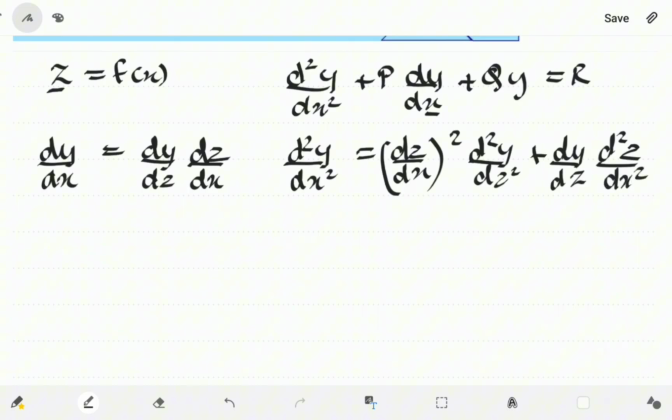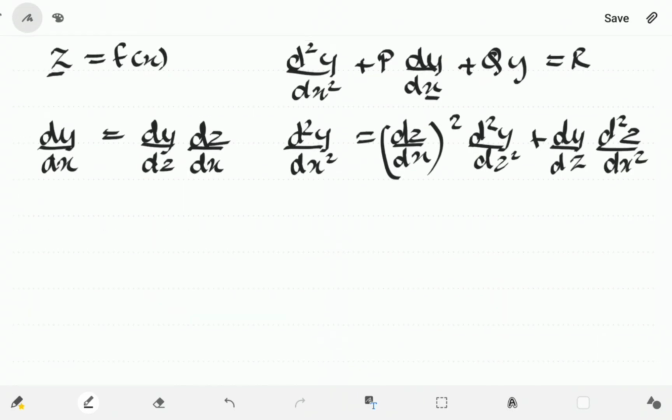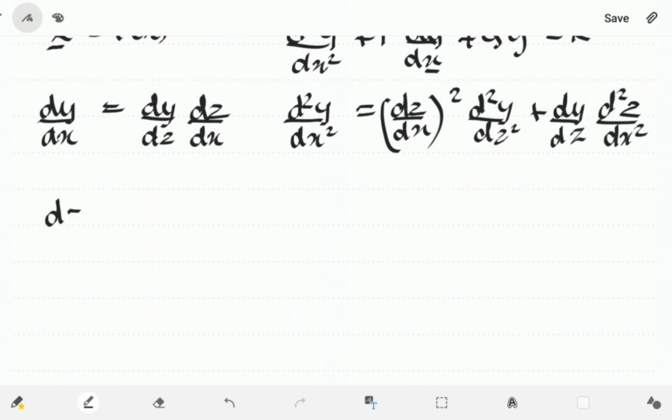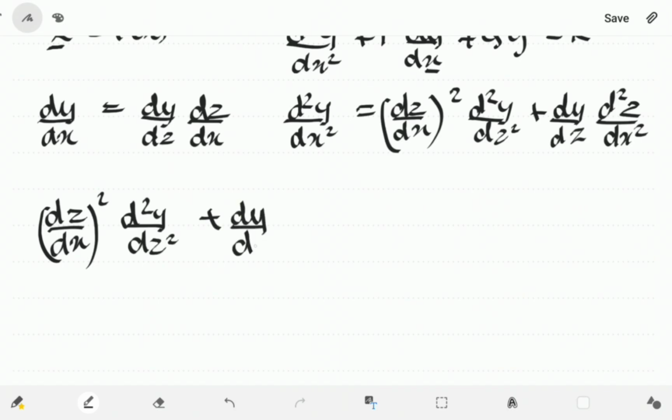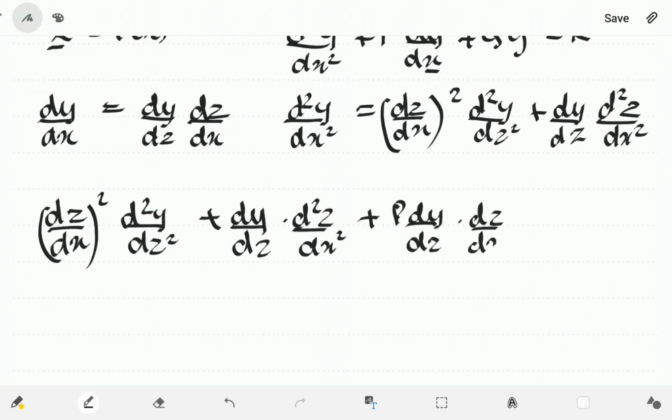Now, substituting these terms in the general form, we get dz by dx the whole squared into d squared y by dz squared plus dy by dz into d squared z by dx squared plus p into dy by dz into dz by dx plus q into y is equal to r.